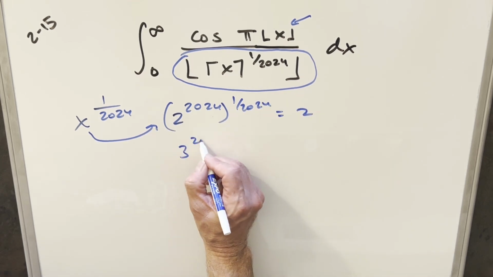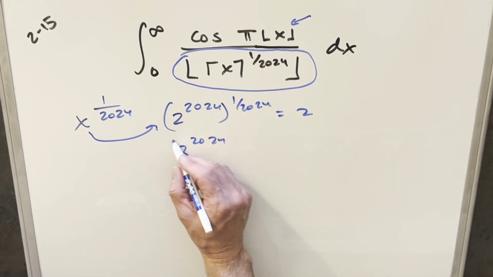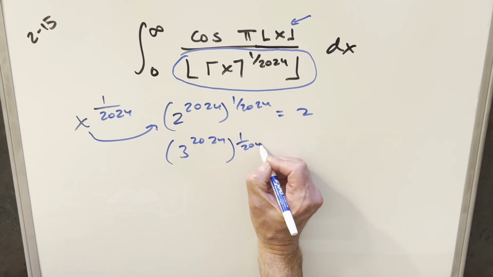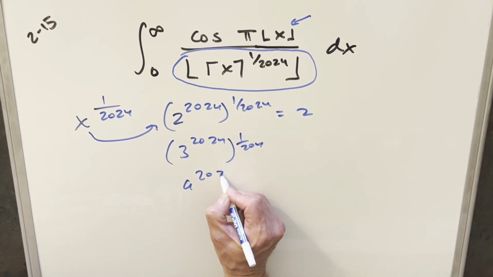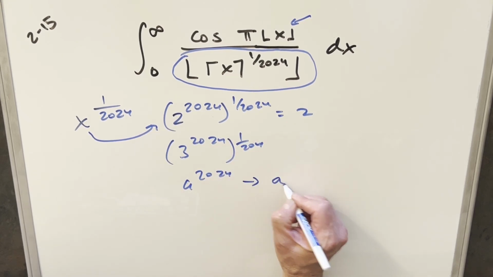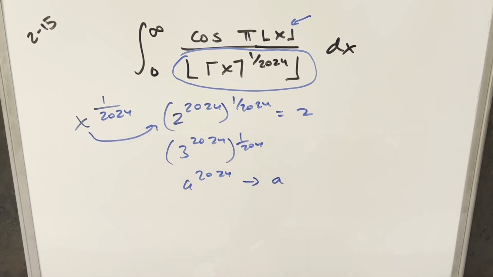The same thing with 3. Anything like a to the 2024 is just going to give back a when we put it in this power.